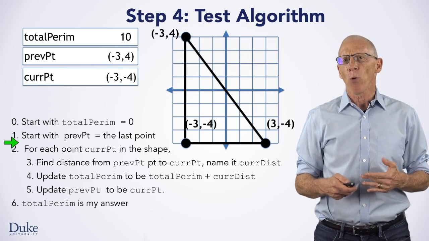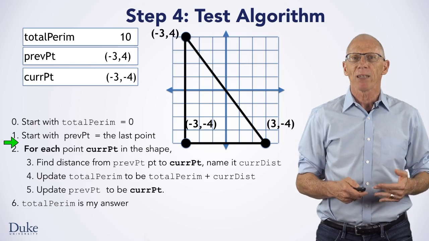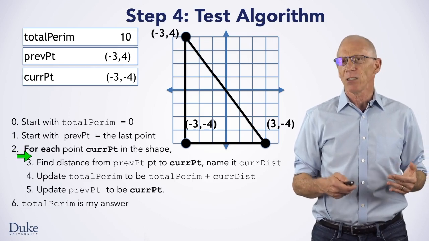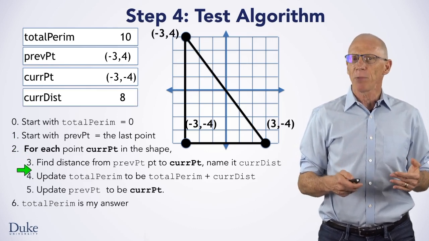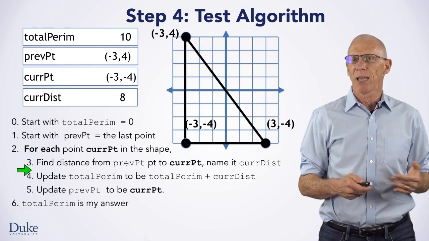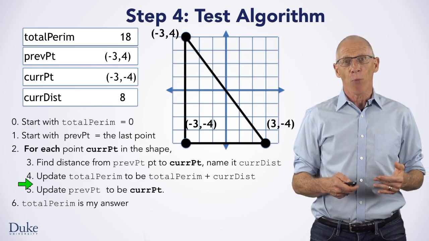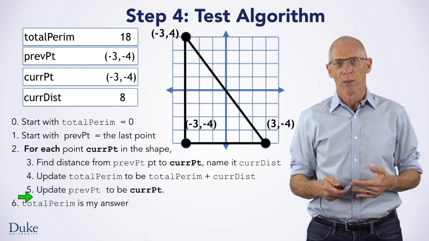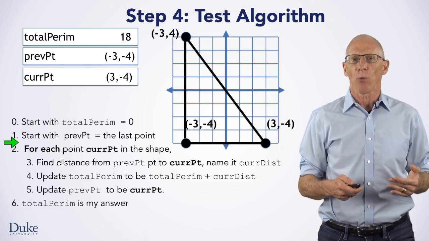When we update cur point, we go back to repeat these steps. We repeat the steps again, finding the distance between those 2 points, which is 8. And then we update total perimeter to be 10 plus 8, or 18. And then we update prev point to be the current point. Then we go back to the top of our loop, updating cur point.